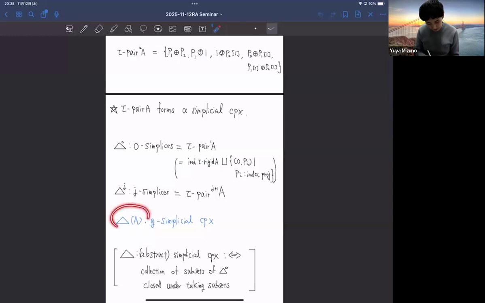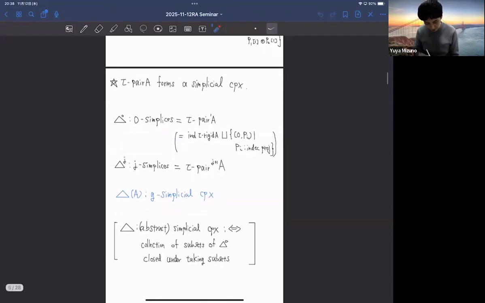Then this set forms a simplicial complex called the g-simplicial complex. So recall that by simplicial complex, we mean a collection of subsets of the base set closed under taking subsets. Because a subset of a tau-rigid pair is again a tau-rigid pair, it is closed under subsets.